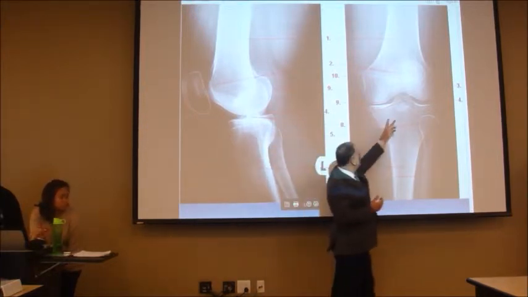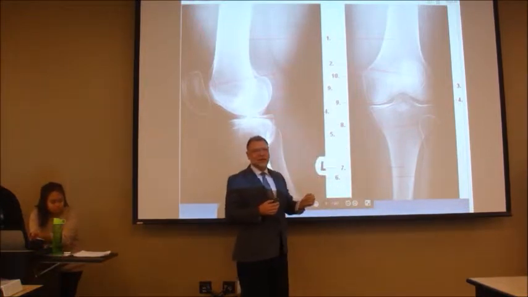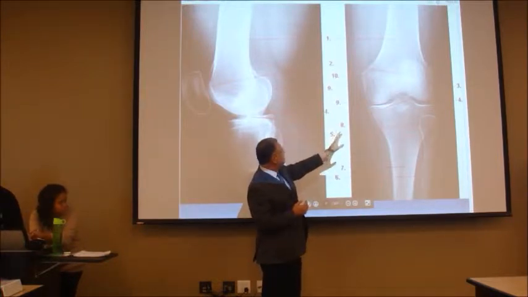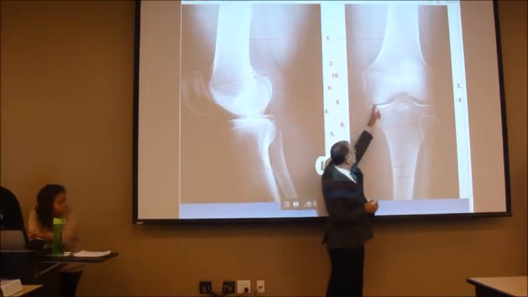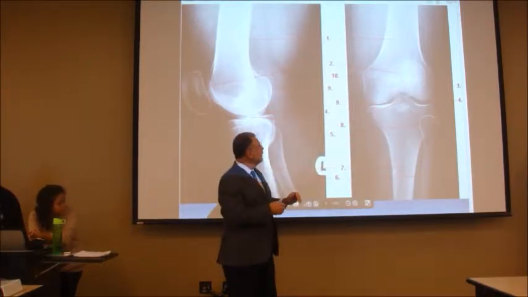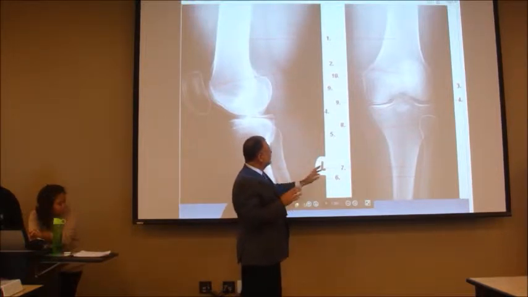You're going to have a couple of pointy structures there. They're called the spines of the tibia, or the tibial spinal eminence. And you're going to have your medial and your lateral condyle of the femur. Remember that there are two structures that I said could be important.